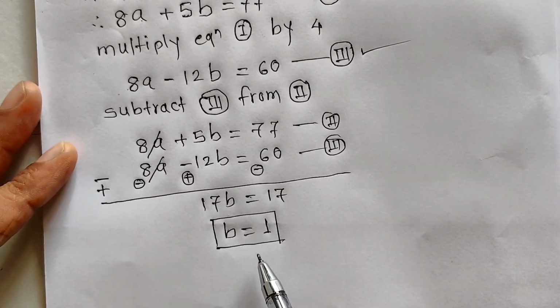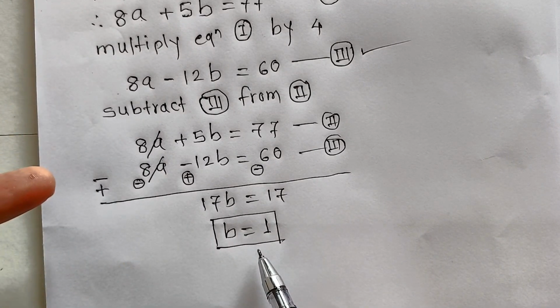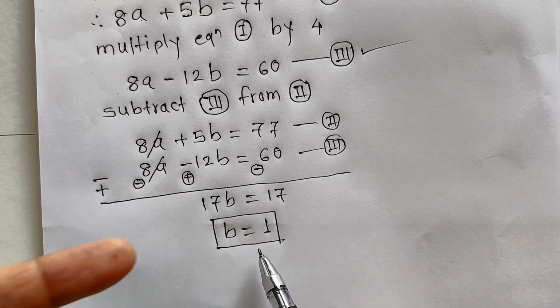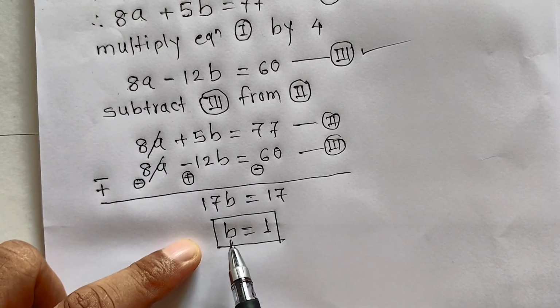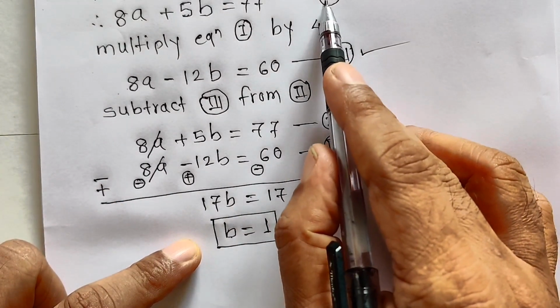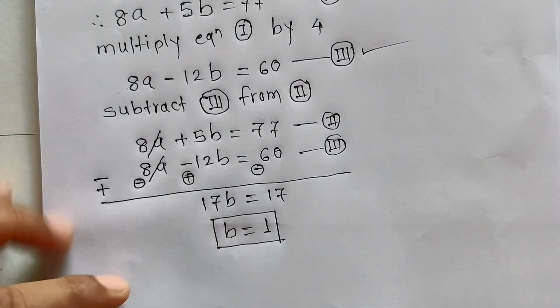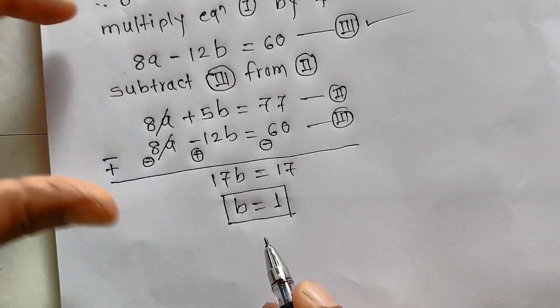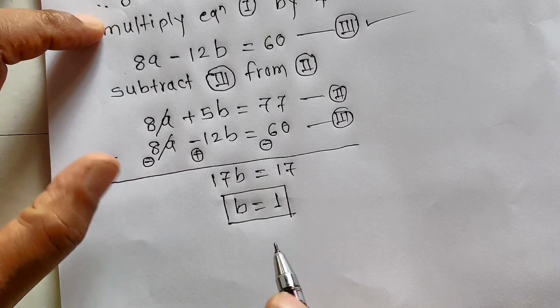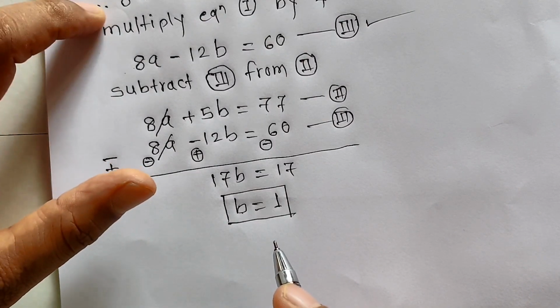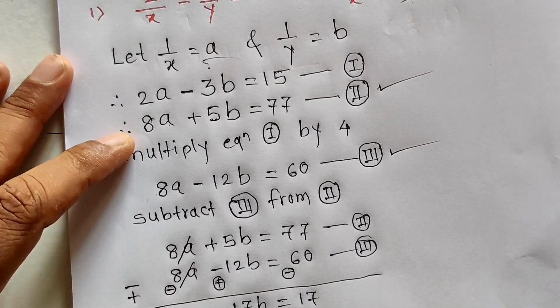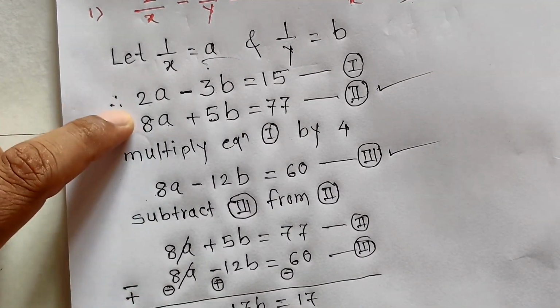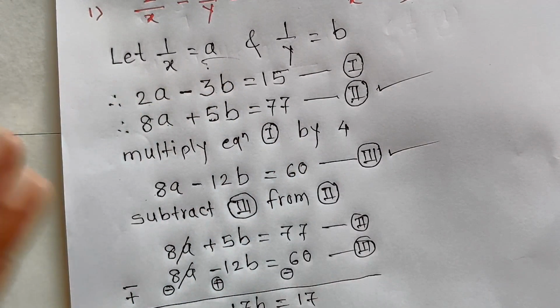Now we have to find the value of a. To find the value of a, substitute this value of b in equation 2 or equation 1. We are going to substitute in the second equation. So this is the second equation having all plus sign, 8a plus 5b is equal to 77.